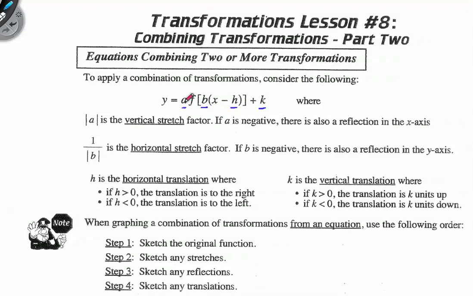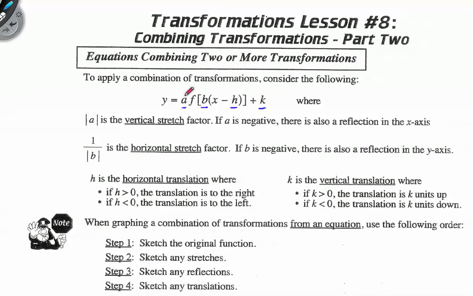I can't reiterate this strongly enough, but when the a, b, h, or k is with the variable, it does the opposite to what you'd expect. Now, having said that, this a value is over here, and the k value is over on this side, which normally would be over here as y minus k. So in this format, the a and the k actually do what you would expect.